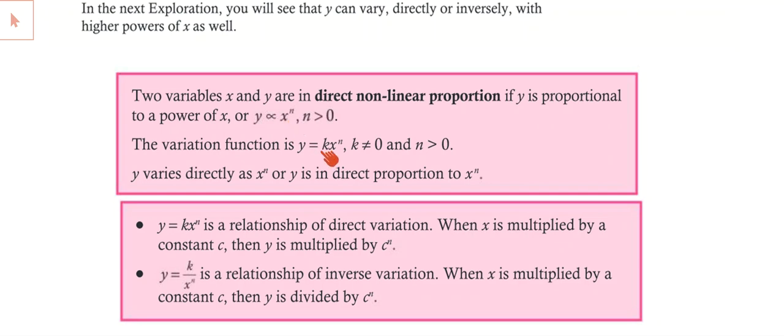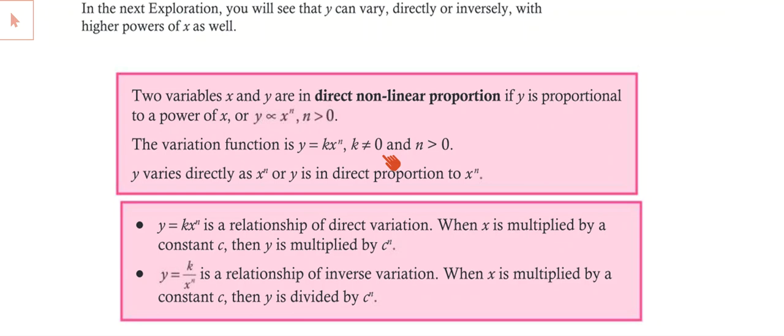This symbol still gets replaced by equals k. All right? Why can't k be 0? That's your notation from the first unit, isn't it? K is not allowed to equal 0. Why is that? K is the constant, the thing that you multiply one by to get the other.